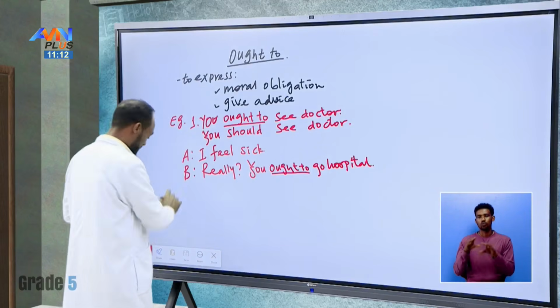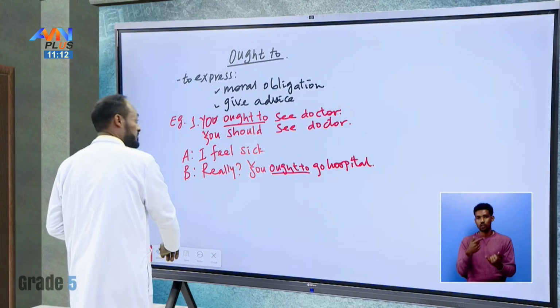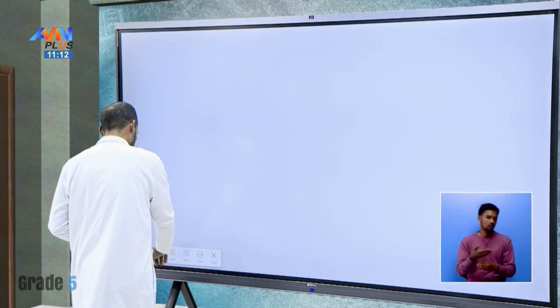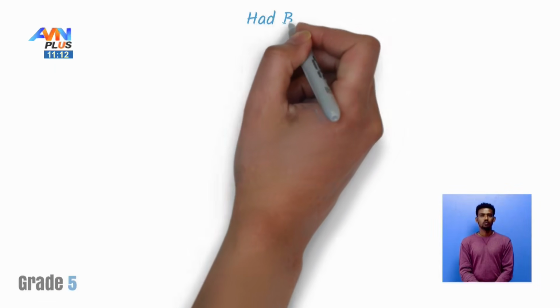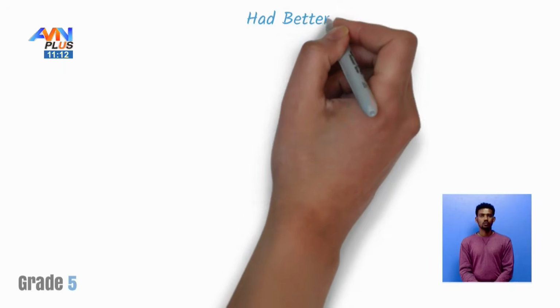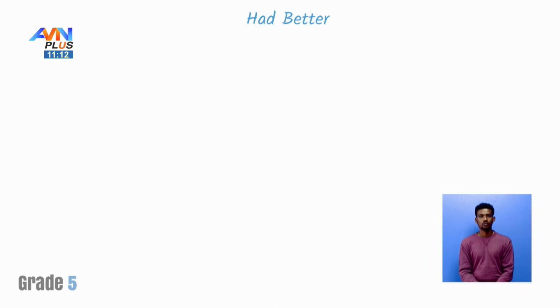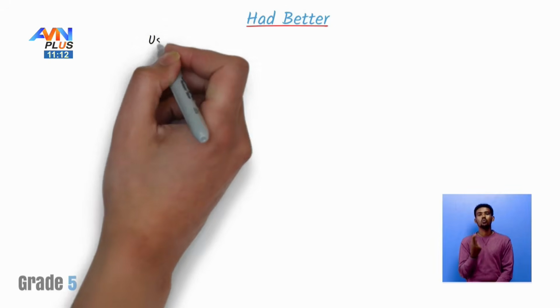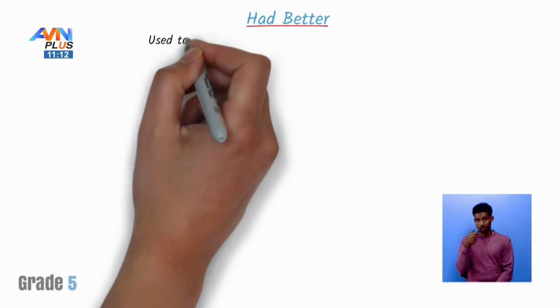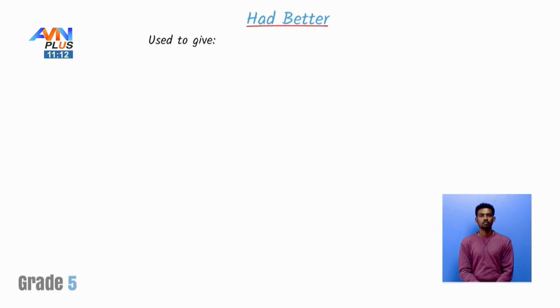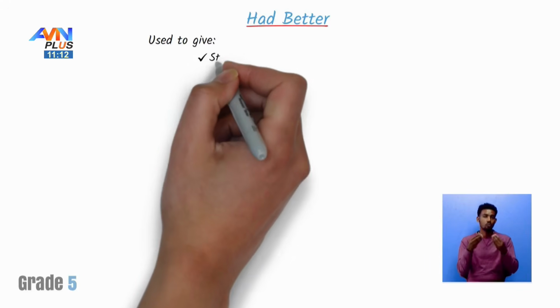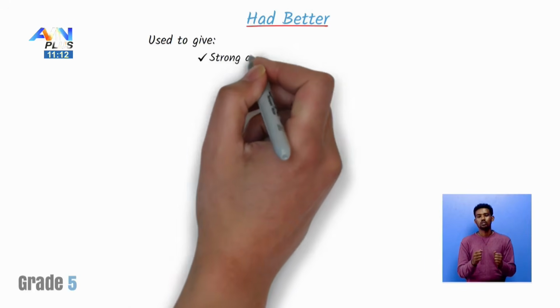So, now let's say something about the next point here. About had better. When do we use had better? This is used to give or provide what? A strong advice.